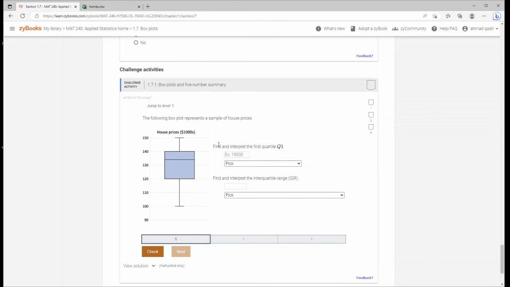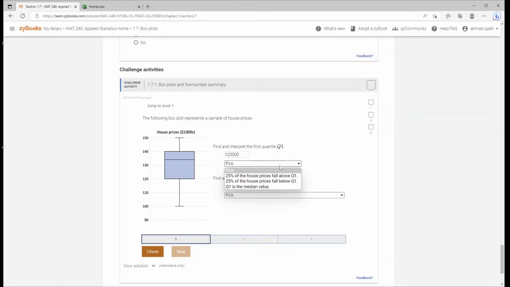Remember, the first quartile is a value that splits the bottom 25% of the distribution from the top 75% of the distribution. So it represents the 25th percentile. And in the box plot here, this would be where the box actually starts. So the answer here is $120,000.